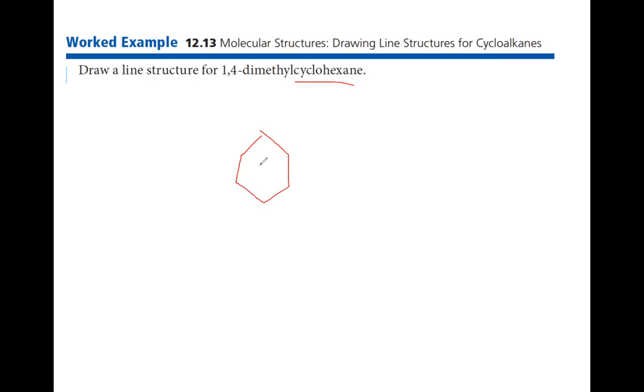For 1,4-dimethyl, it doesn't really matter which carbon we start with. 1, 2, 3, 4.